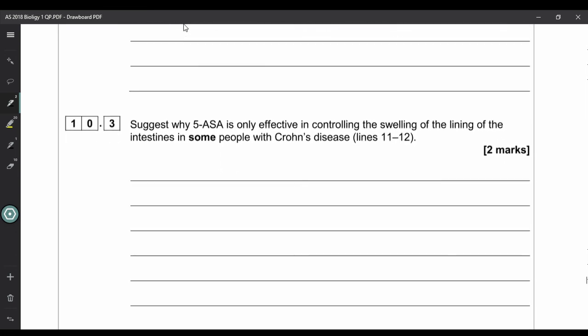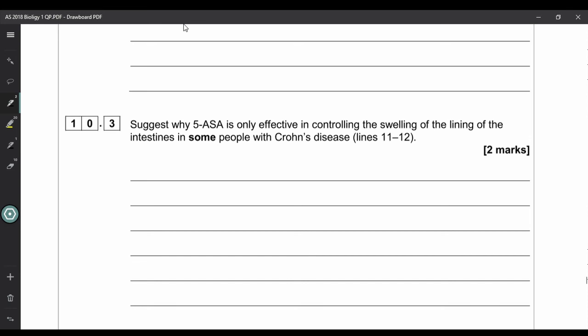Suggest why 5-ASA is only effective in controlling the swelling of the lining of the intestines of some people with Crohn's disease. So in the exam, some people talked about people being allergic, digesting the drug, or having an immune response to it.